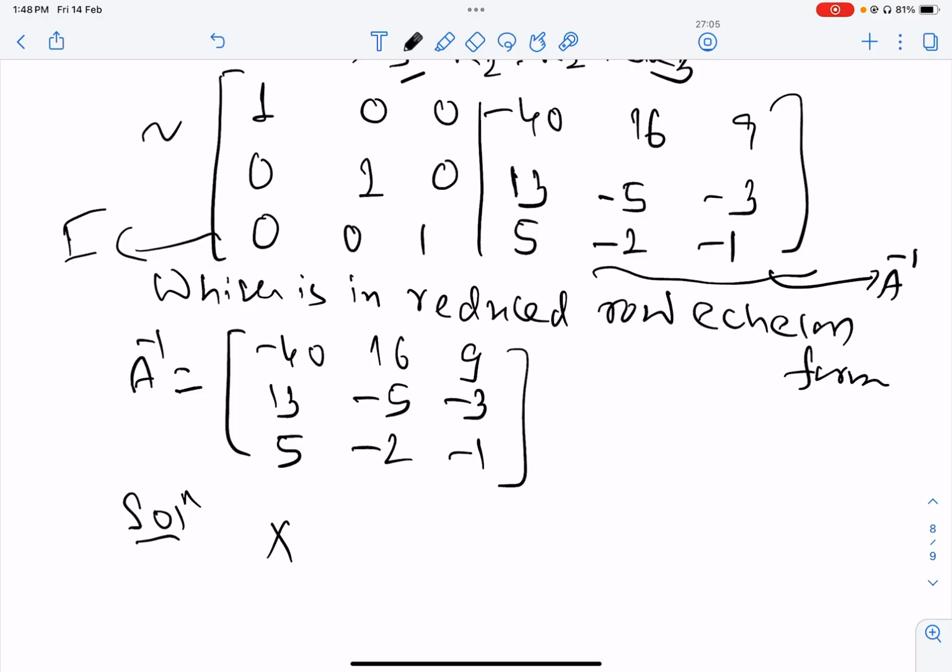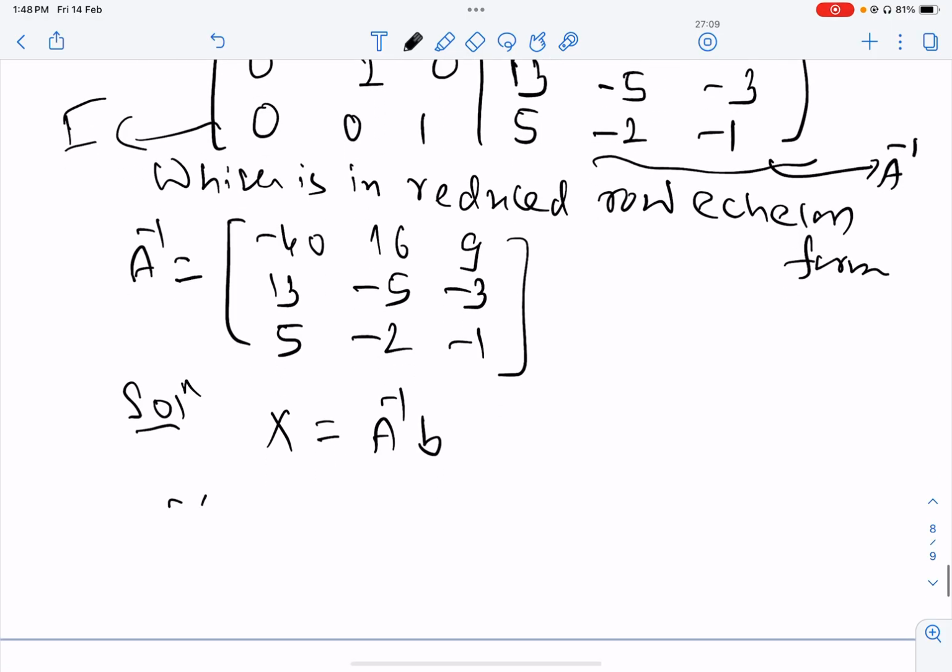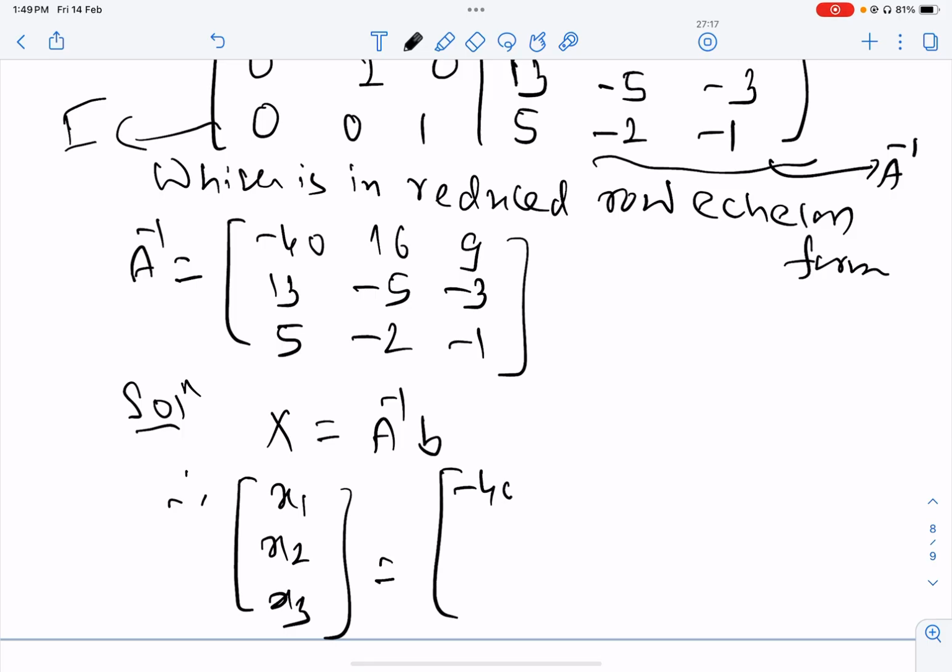Solution X is equal to A inverse B. And what is X here? X1, X2, X3. What is A inverse? Minus 40, 16, 9, 13, minus 5, minus 3, 5, minus 2, minus 1.